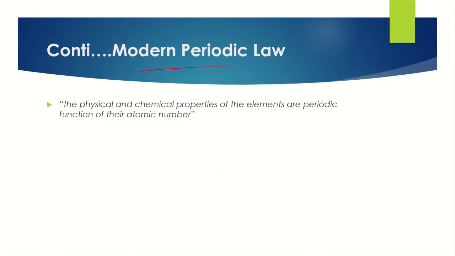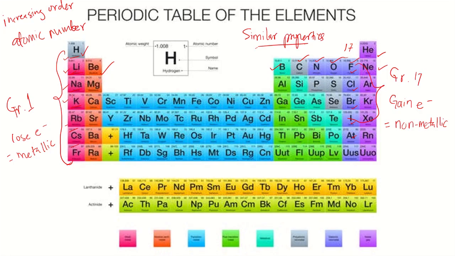The modern periodic law states that the physical and chemical properties of the elements are a periodic function of their atomic number. The various elements with similar properties repeat after regular intervals. That we have already observed here.